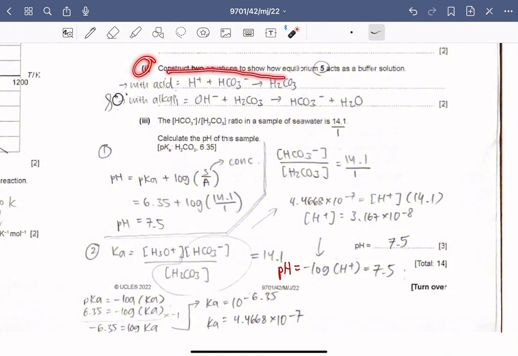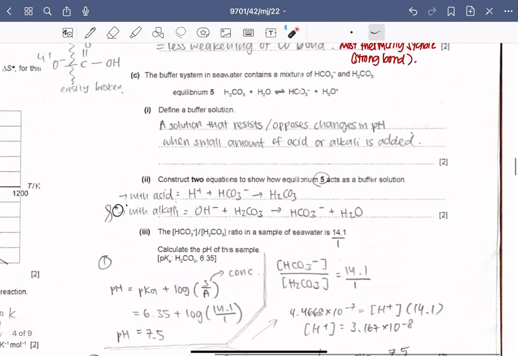So in part II, construct two equations to show how equilibrium 5 acts as a buffer solution. The two equations consist of a buffer solution reacting with an acid and a buffer solution reacting with an alkali.